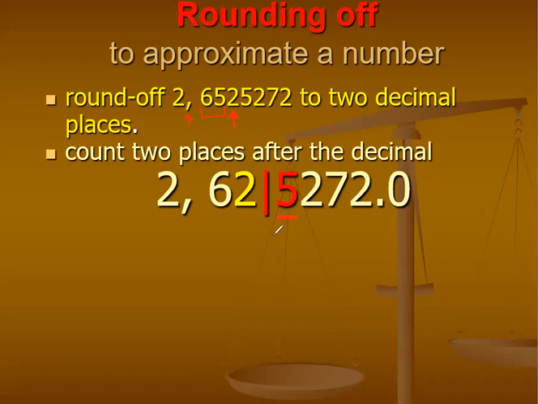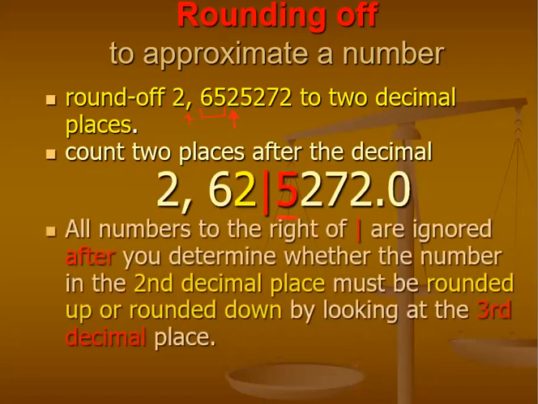Since it is 5 and above, you round up, and it will become 2.66.